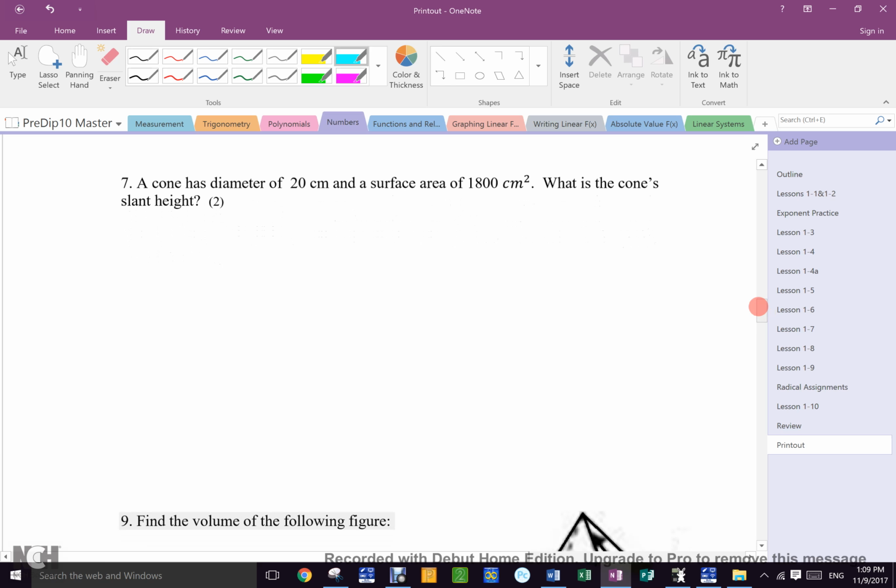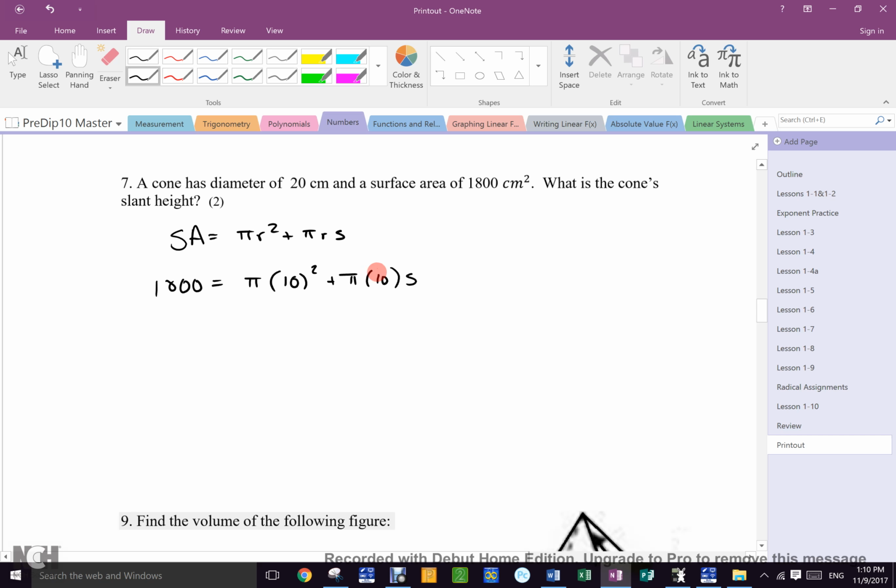We can do number 7 as well, because it's just algebra. Surface area of a cone is pi r squared plus pi r slant. 1800 pi times 10 squared plus pi times 10 times s. If they have 20 there, they are losing some marks.